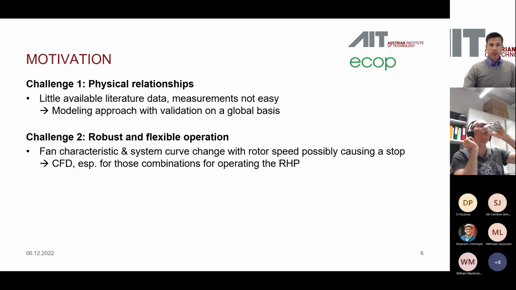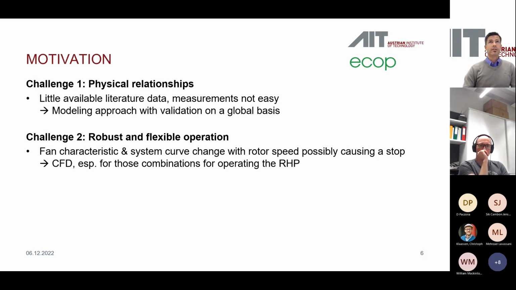Second challenge is that the heat pump itself needs a robust and flexible operation. There is some sort of problem with the fan characteristics and the system curve because they change with rotor speed and they possibly cause a stop.